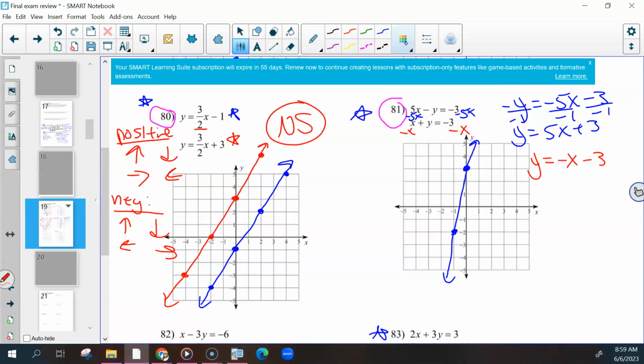The other one's going to start at -3. The slope is -1, so we can go up 1, left 1, as many times as possible, or down 1, right 1, as many times as possible.